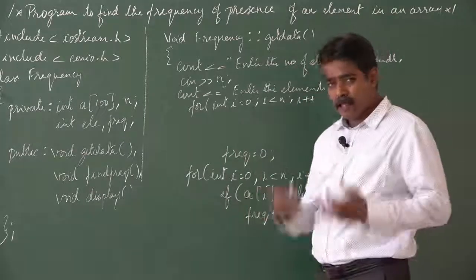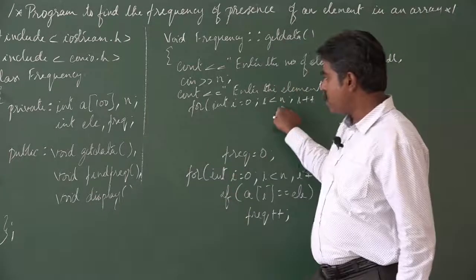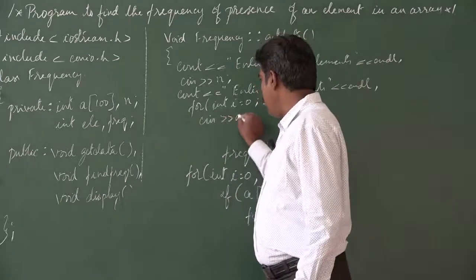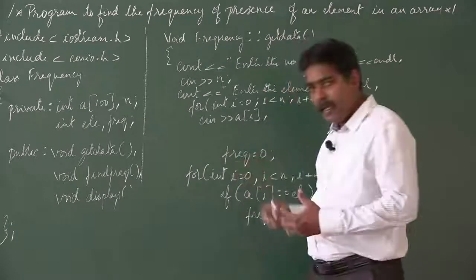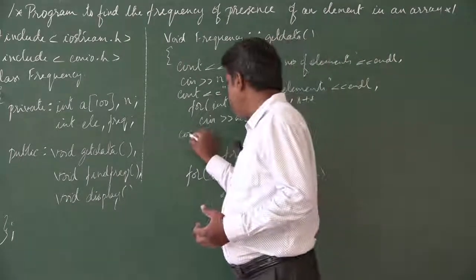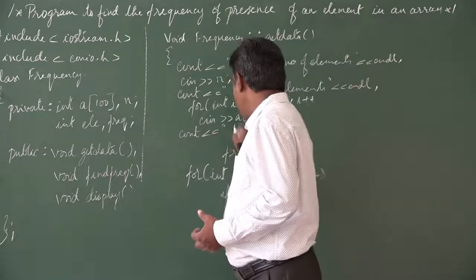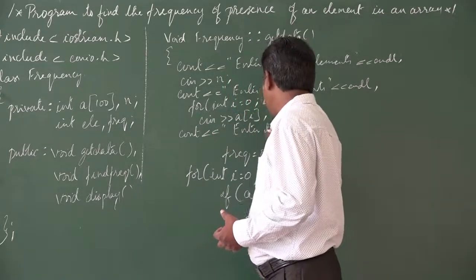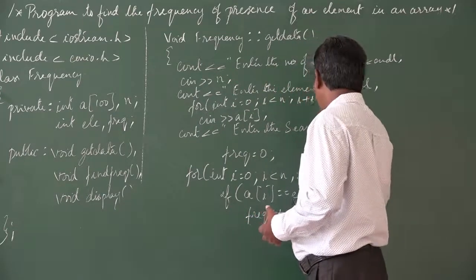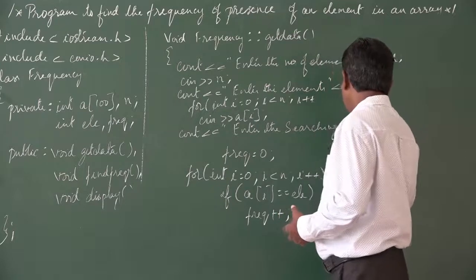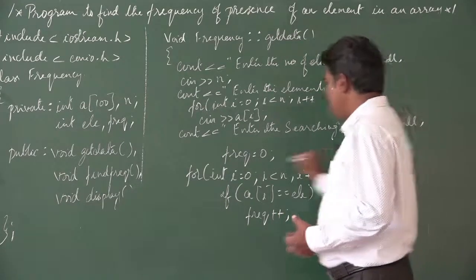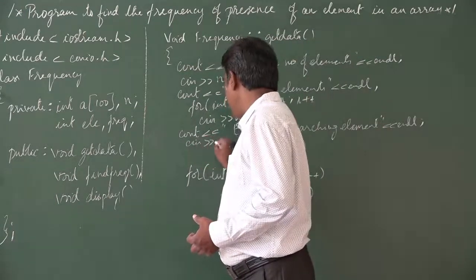This is for accepting the elements. So n elements we are going to accept, using cin A of i. So A of i will accept the n number of elements, and then the final input will be cout, enter the searching element. That searching element will be ELE, that is cin ELE.